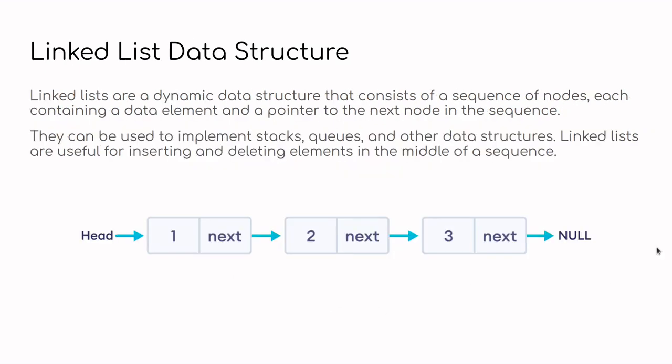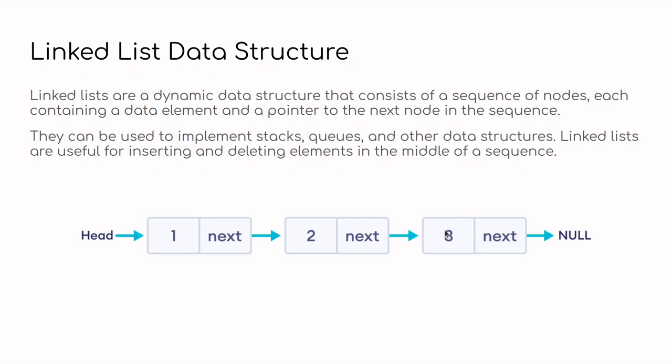Now let's understand linked list data structures. Linked lists are dynamic data structures that consist of a sequence of nodes containing data elements and a pointer to the next element in the sequence. So here is an example. Here we have a data element which is pointing to another data element, and that data element is pointing to another data element.